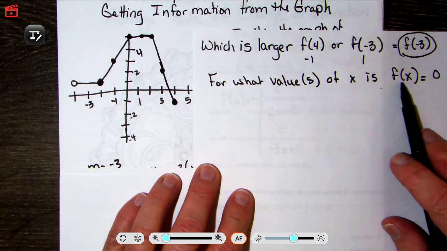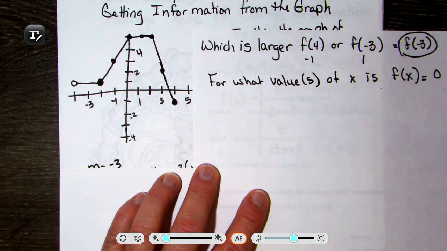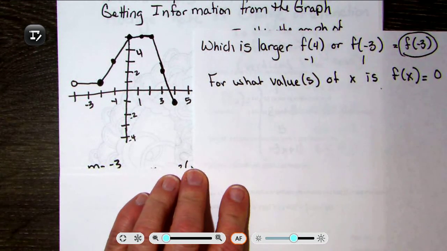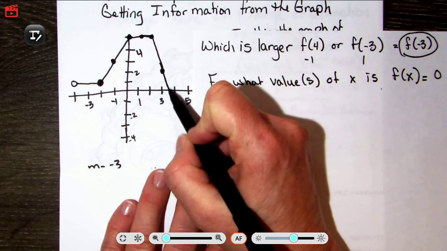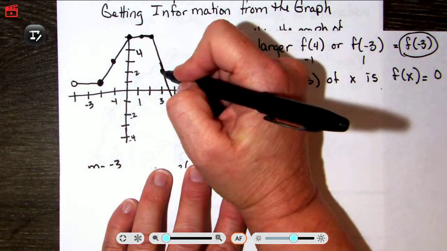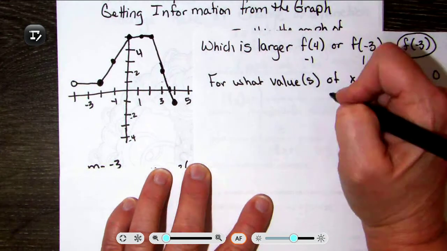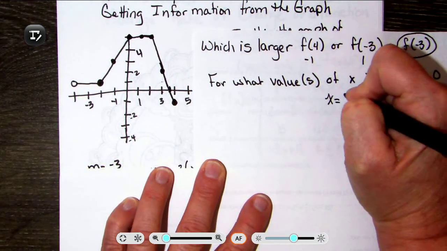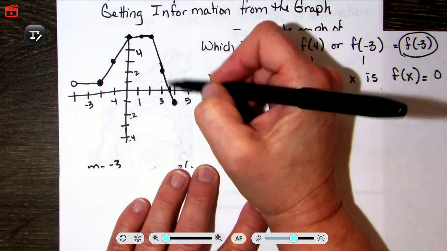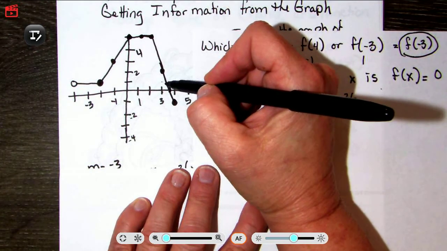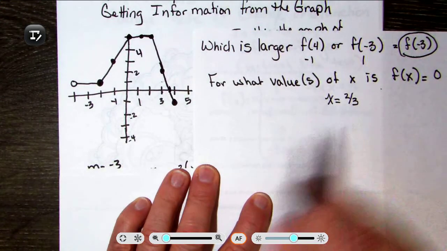So where is y, another name for f of x, where is y equal to 0? In other words, where did it cross the x-axis? And that happened right about here. My graph is not very accurate because this does have a slope of 3, so this is not actually a half. So it would be x is equal to that 2/3. Since we had a slope of -3, when I went down 1, I'd go over 1/3. Down 1 more, I'd be over another 1/3, or at 2/3 is where I came up with that.